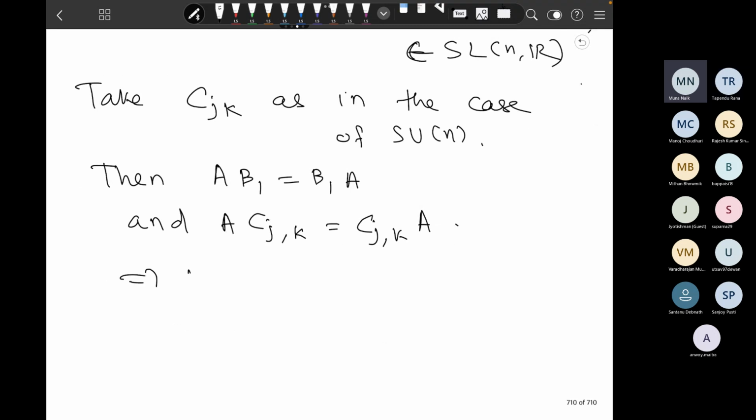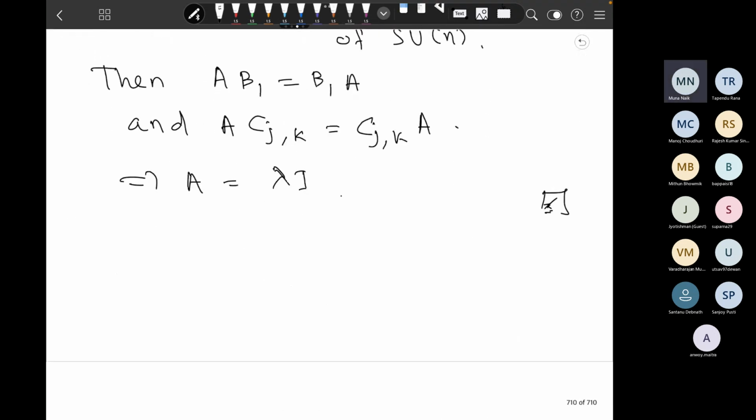Yeah. Then take Cjk as in the case of SUN, and AB1 is equal to B1A, and ACj comma k. You will get A is equal to lambda I. There is nothing more. Is this clear? Yes, it is clear.